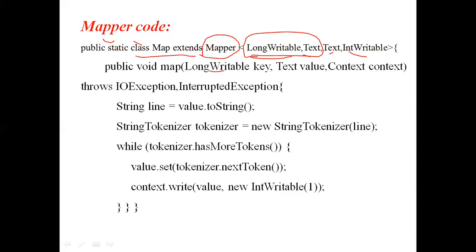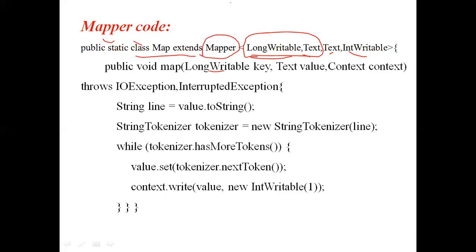Key is in the form of long data type, Java long is here long writable, and value is in the form of string. Text is nothing but Java string data type. Hadoop text is nothing but Java string data type. So long writable comma text, first one is in the format of long comma string.